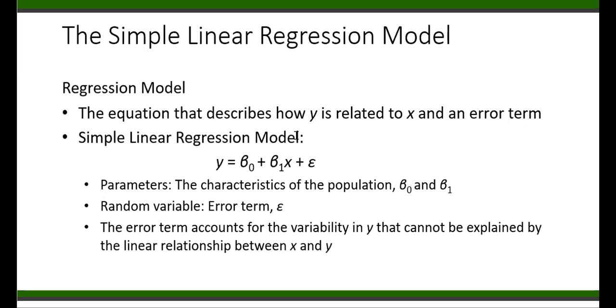If we want to write down the linear relationship, it should look like this: Y, sales, is equal to beta 0, the y-intercept, plus beta 1, the slope, times X, the marketing expense, the dollar amount that you spend on marketing, plus an error term, which is a random variable.